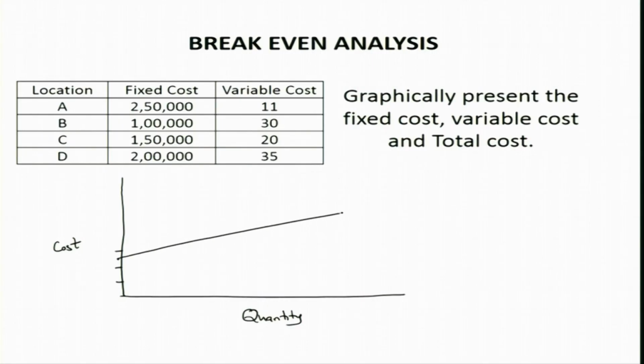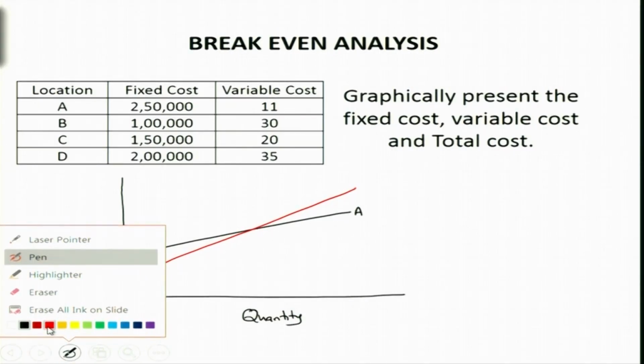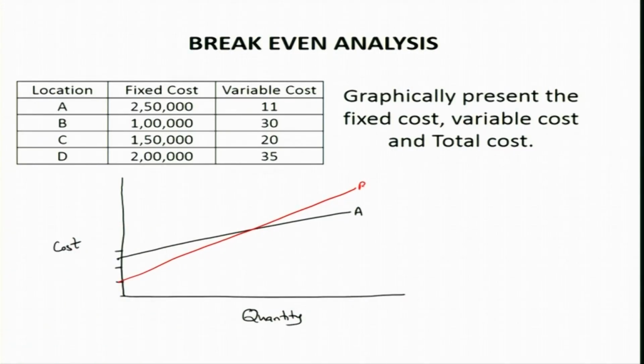So, graph will go like this, the slope is slightly less. Alternate B, the fixed cost is 1 lakh, but variable cost is very high. So, the slope will go like this. So, this is my alternate A and then this is my alternate B.